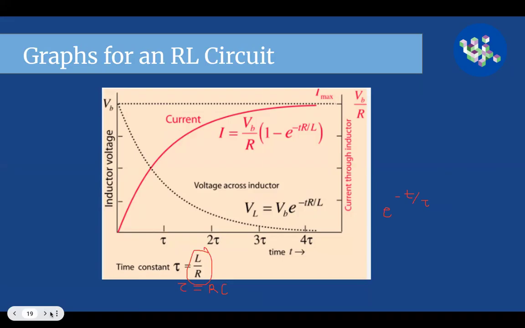So we're going to define tau as L over R for our RL circuits. Graphs in general are very useful for visualizing these circuits. And if you're taking AP and stuff like that, sometimes they'll put graphs and you have to analyze them or even draw graphs at times. Next slide.